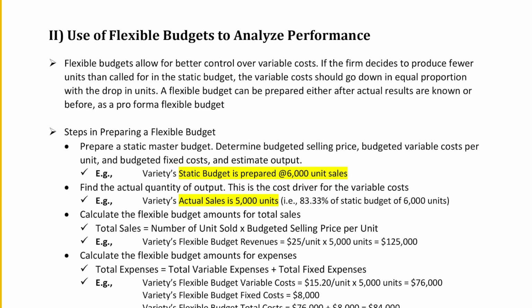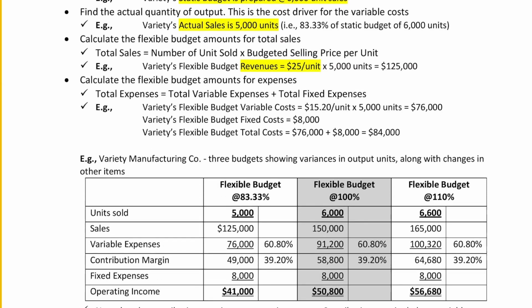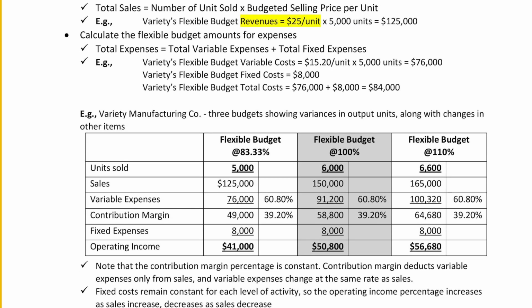Next step, you would calculate the flexible budget amount for total sales. Total sales would be equal to number of units sold, that's quantity, times budgeted selling price per unit. On the previous page, we calculated that the budgeted selling price was $25 per unit. So $25 per unit multiplied by actual sales of 5,000 units gives $125,000 of revenues on this flexible budget.